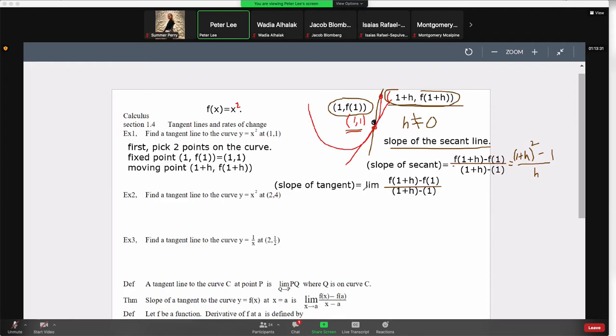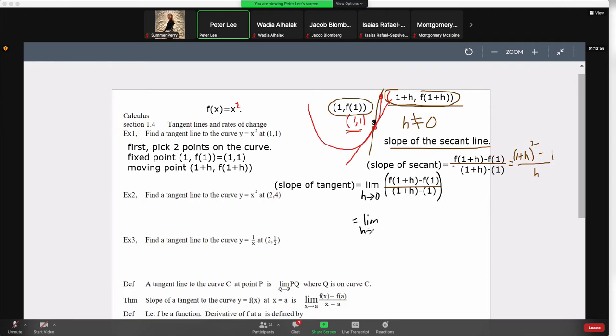And so now, we want this limit, the limit of this expression as h is approaching 0. What that means is we want to see what happens to the expression right here as h is becoming smaller and smaller. So what is this here? This is equal to the limit as h is approaching 0.